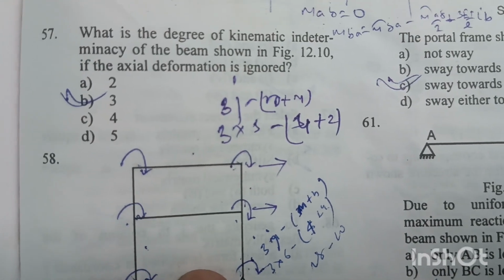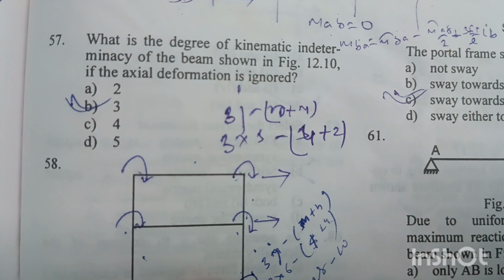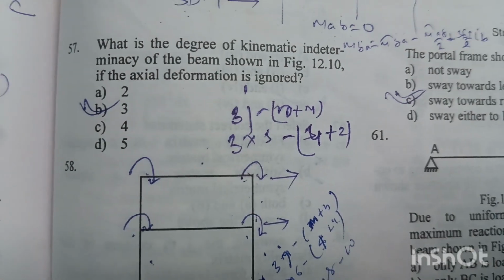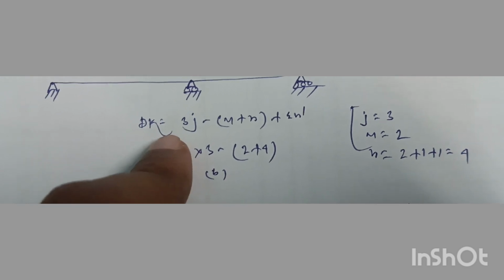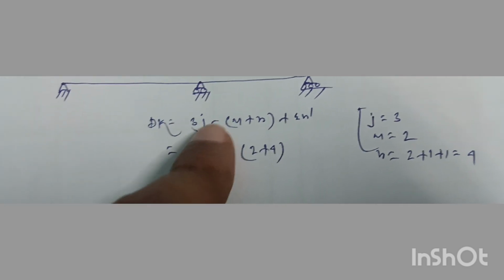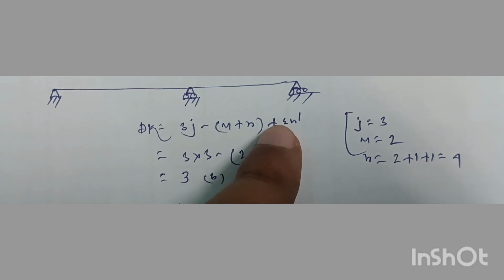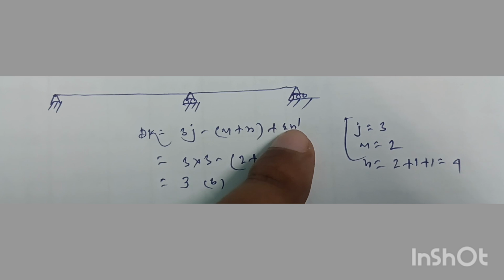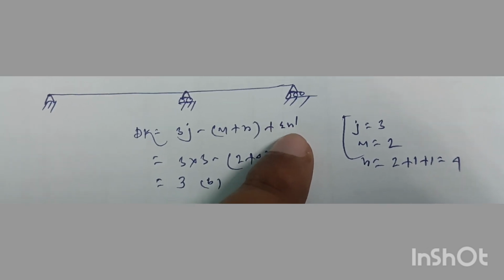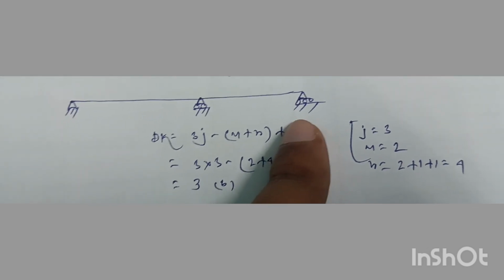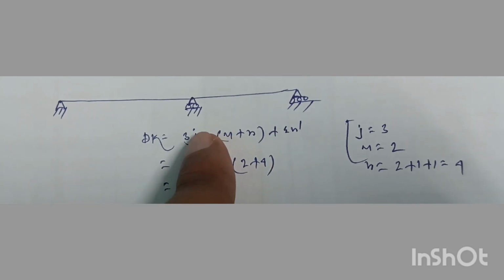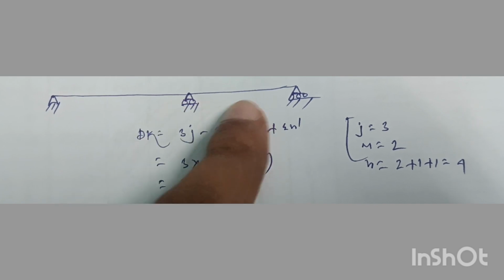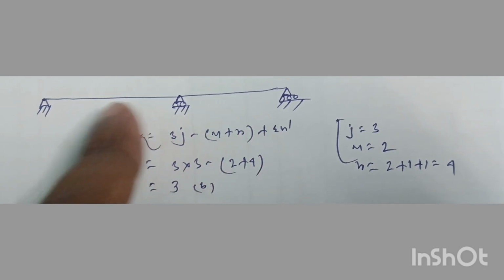Question number 57. What is the degree of kinematic indeterminacy of the beam shown in figure 12.10 if the axial deformation is ignored? The formula for the degree of kinematic indeterminacy for this beam will be 3j minus m plus r plus summation of r dash. This last term comes into play when the beam involves internal hinges, so this one is out. J is the number of joints of the beam, m is the number of members of the beam, and r is the reaction components from the beam.